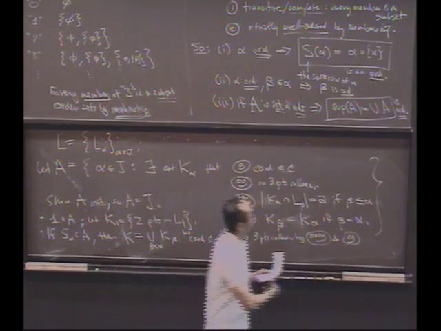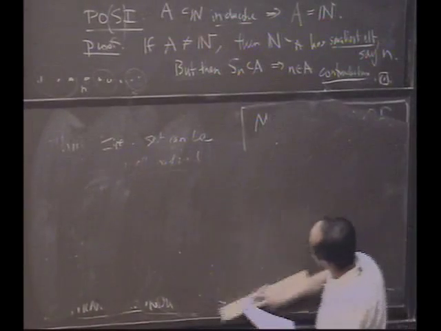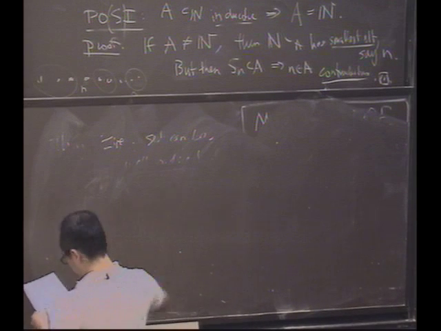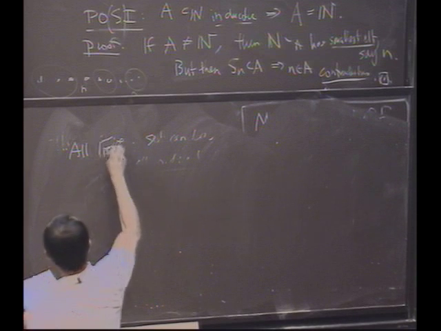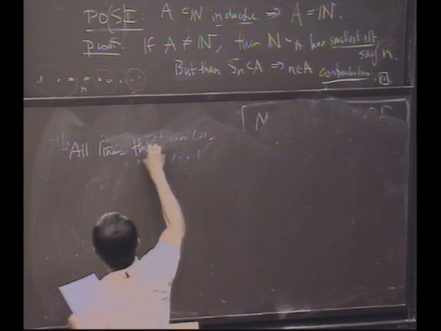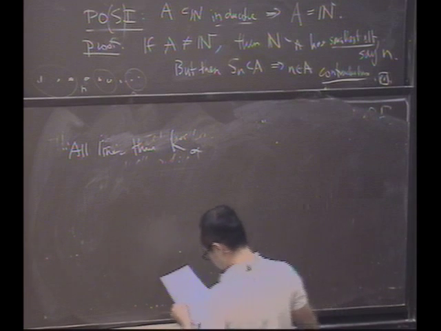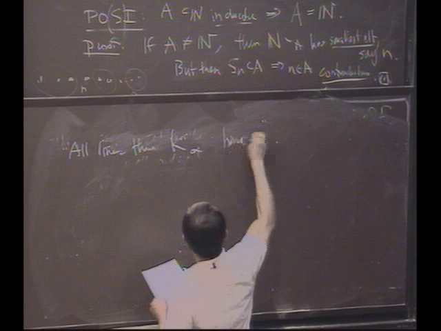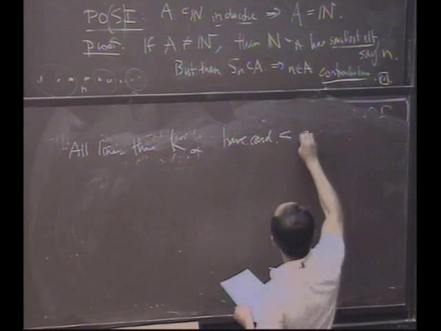Oh, well then what else? The last thing to notice is when you do that, you might be missing some points on the new line. So would you agree that all lines through K alpha have cardinality less than C?